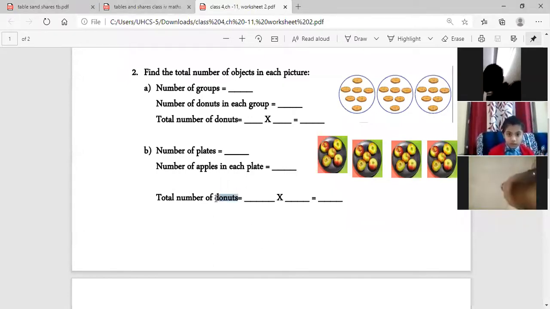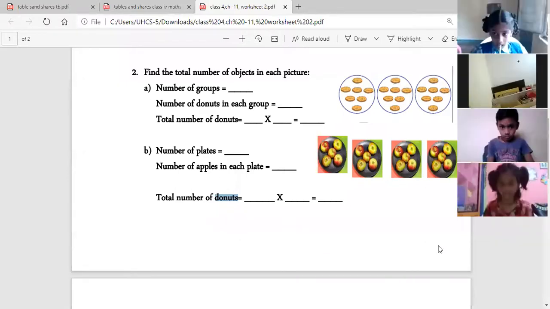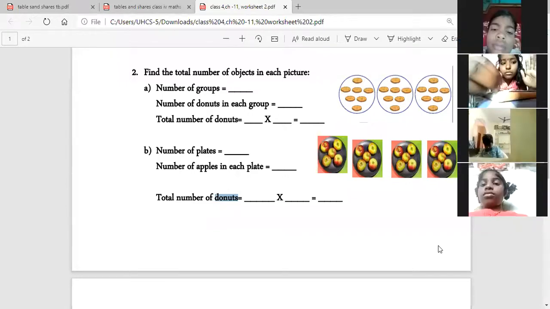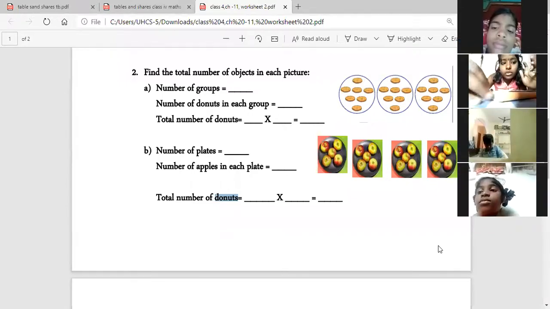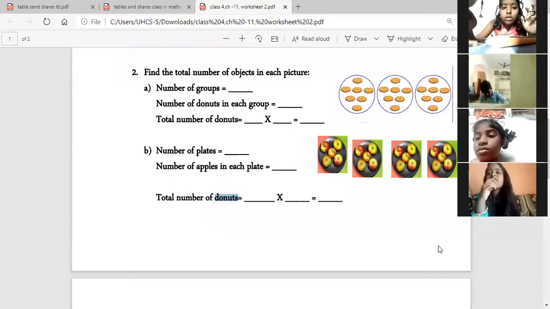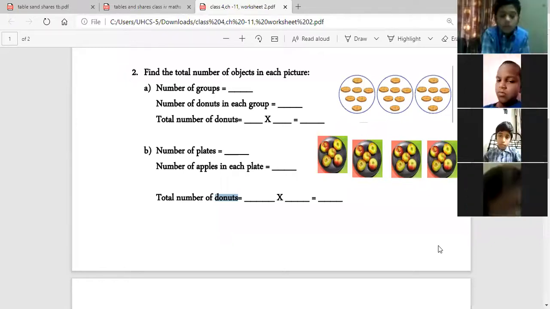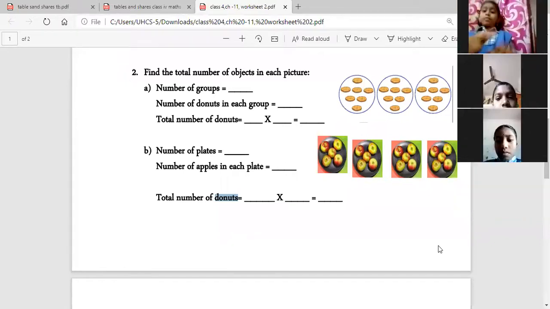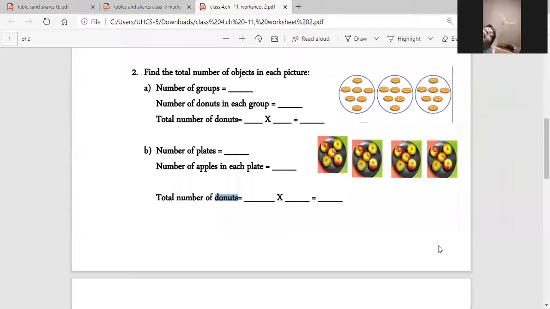There should be number of apples, not donuts. Done.